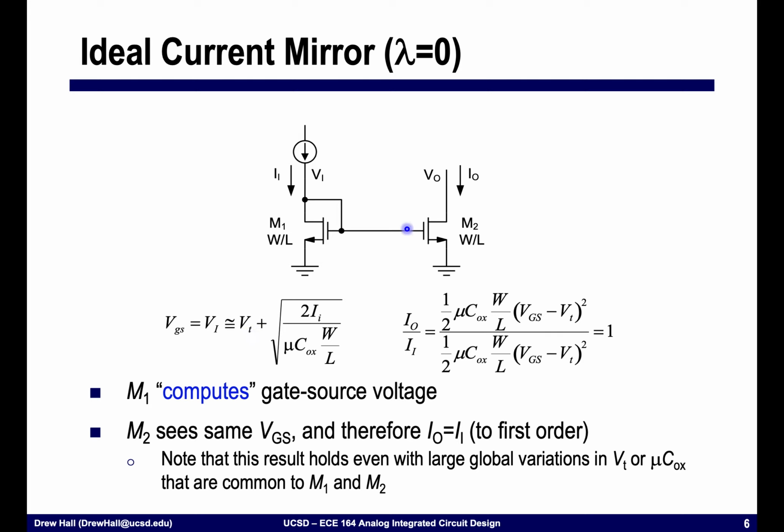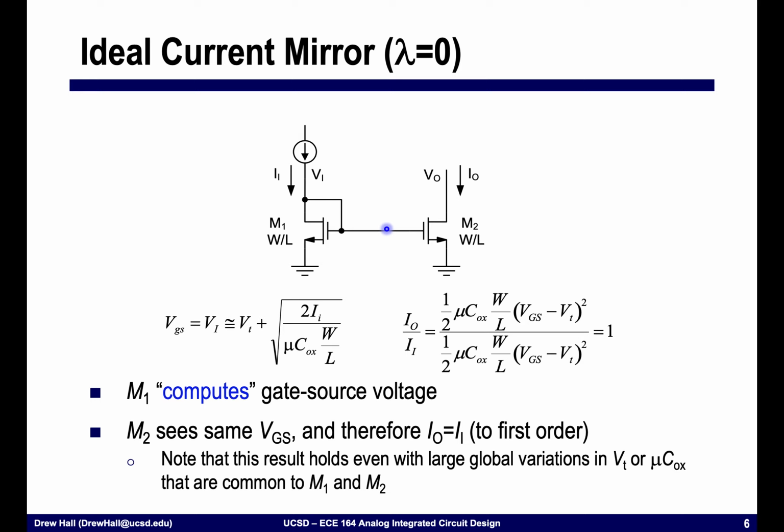And so when it's mirrored or generated with M2, it correctly accounts for VT. Whereas if I was to send in a voltage here, I would need to precisely know what VT was, as well as all of the other parameters of the MOSFET. Same thing if mu n Cox was to change. We're using another transistor, in this case the diode connected M1 device, in order to calculate the right voltage to place on this gate node.